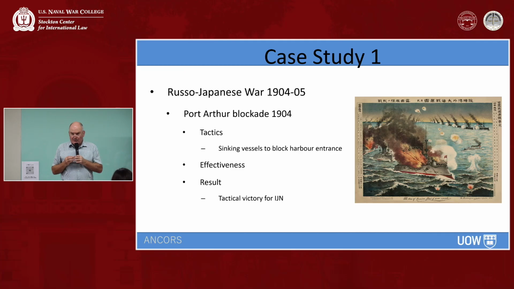And with blockade, we're talking about the restriction of entry and exit of all vessels. Okay, you can't come in, you can't come out. So that was what happened with a blockade of Port Arthur, that vessels were sunk there to enforce the blockade. That proved a very effective way to do that, and the Imperial Japanese Navy had a very good victory out of that activity in that case.